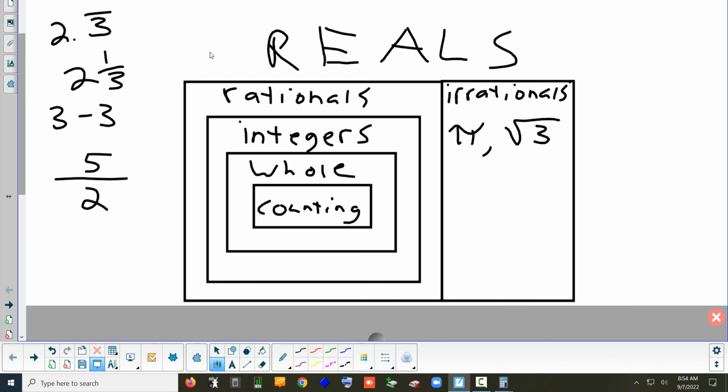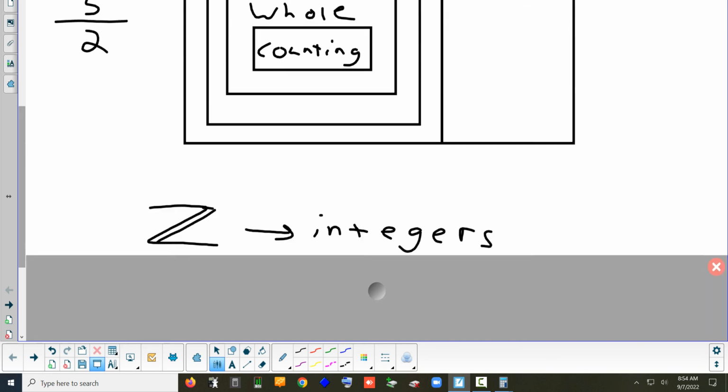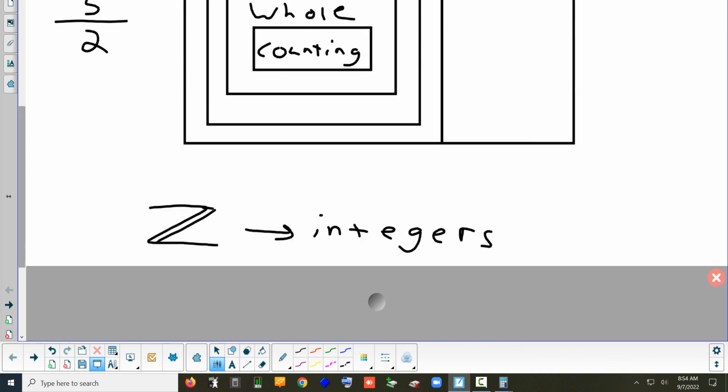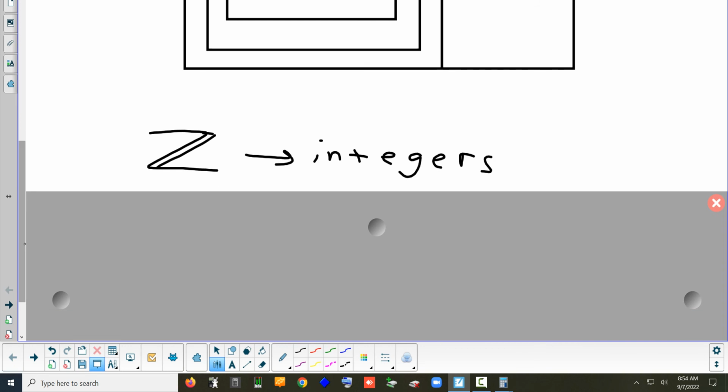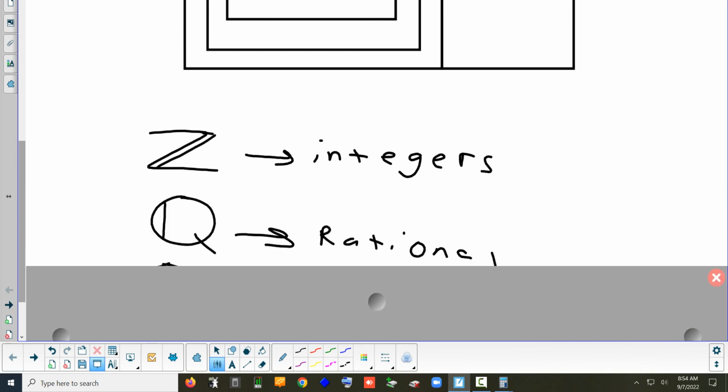Now, because some of these number sets are used a lot, they have symbols to abbreviate them. If you see a symbol that looks like a Z with a double line in it, that symbol is used for integers. Why a Z? I'm not sure. They use a Q to represent rational numbers.